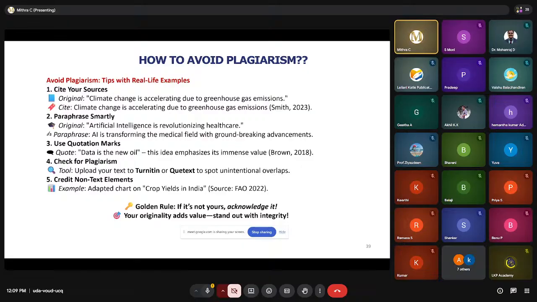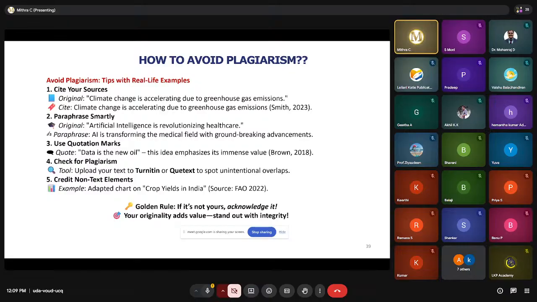You can paraphrase, for example, if you are paraphrasing your content, you need to read it 2 times, and then paraphrase it. That is another trick that you can use to reduce the plagiarism. But when doing that reparaphrasing, there is a possibility of changing the meaning of that content.